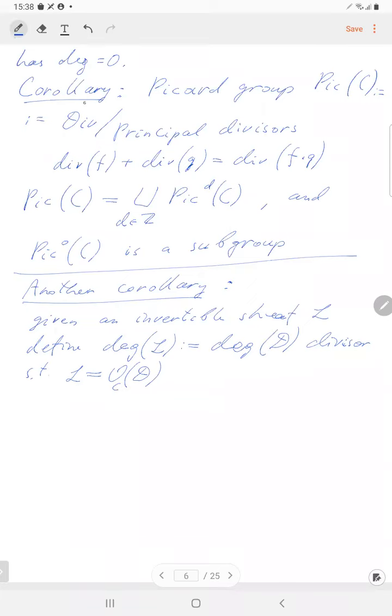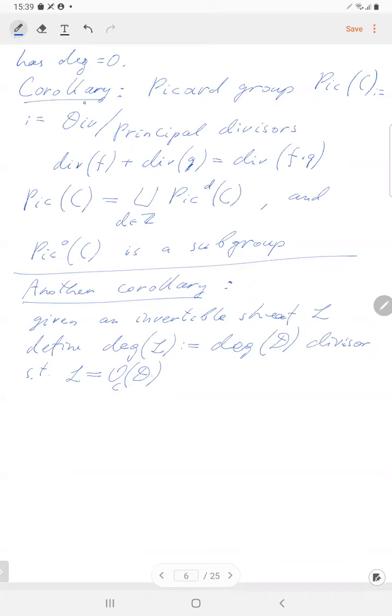So when we started studying invertible sheaves in December, we realized that in the case where all the local rings are UFDs, which is the case for smooth curves, all invertible sheaves are invertible sheaves of fractional ideals, and any invertible sheaf of fractional ideals is of this sort.